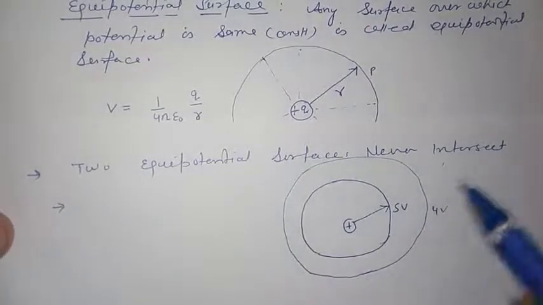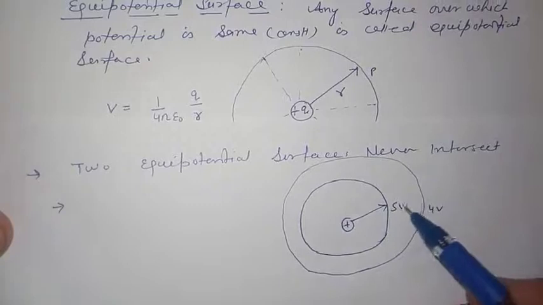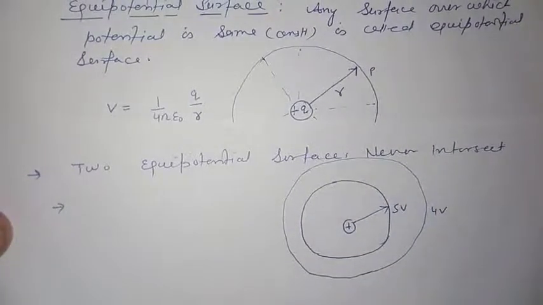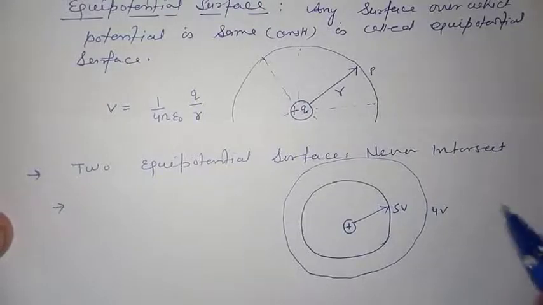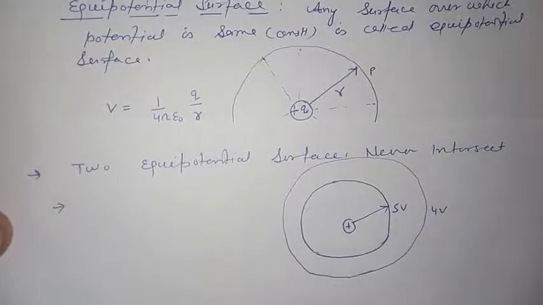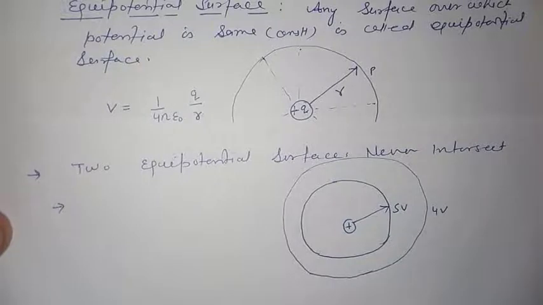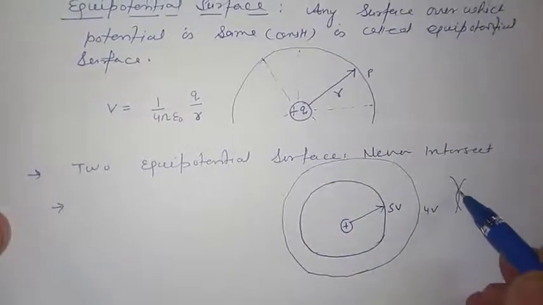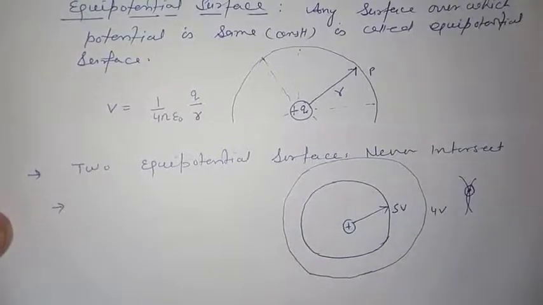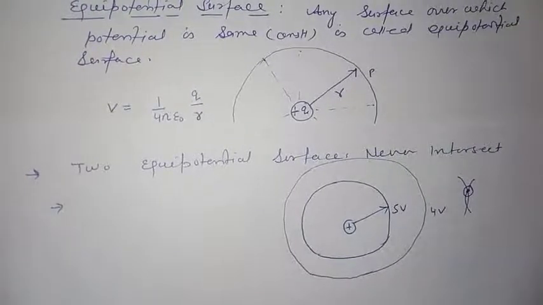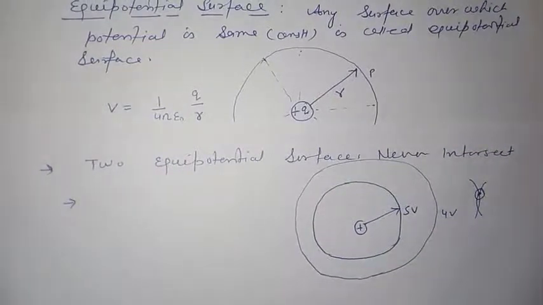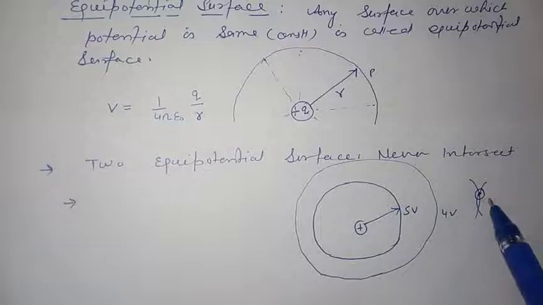Now you see, if this surface has the 5 volt potential and this surface has the 4 volt potential, if they intersect like this, it means at the point of intersection there are two values of the potential, right?